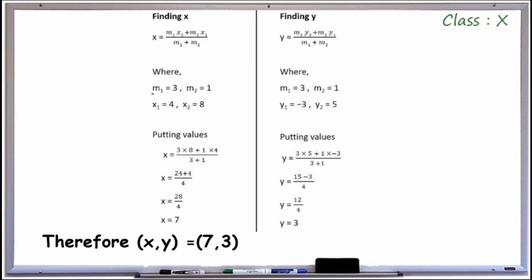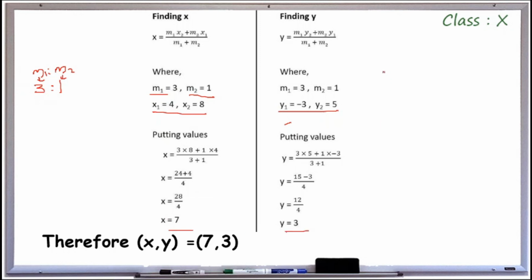Just write what is m1 m2. 3:1 is the division, so m1 is 3 and m2 is 1. By using the 2 points we have x1 x2 and y1 y2. So by substituting those values we will get x is equal to 7 and y is equal to 3.